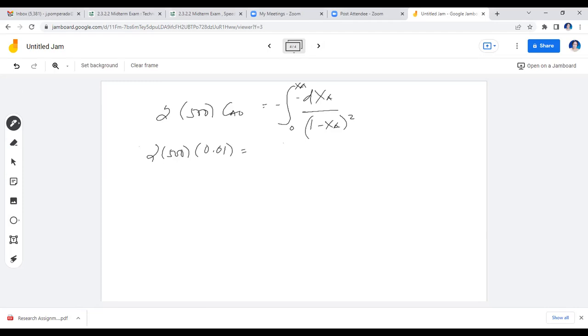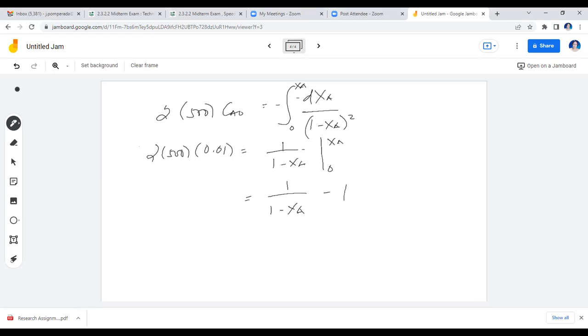So you will simply have 1 over (1 minus XA) on the limit 0 to XA. I hope you're getting this, okay? The integral part. So you have to simplify what you have there on the left, then you substitute the limits here. So you have 1 over (1 minus XA) minus, if you substitute 0, you will have minus 1.